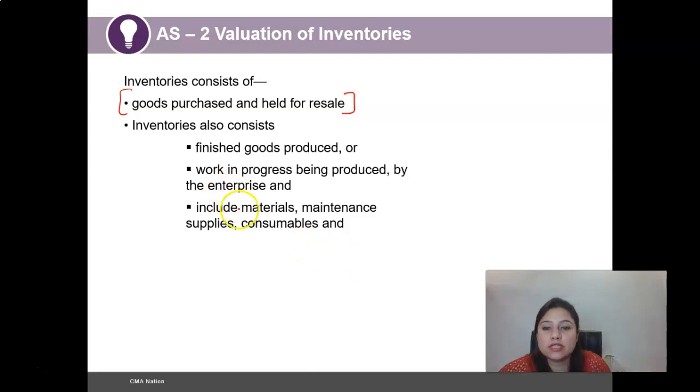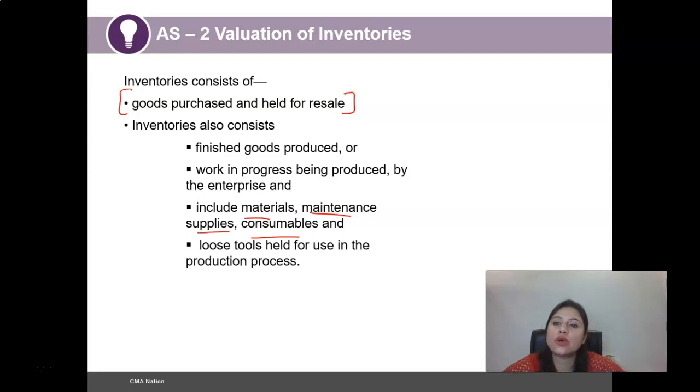And also the materials, maintenance supplies or consumables that have been procured by the business in order to manufacture or complete those finished goods of the business. All such materials, maintenance supplies, consumables would also be comprised in the inventories and accordingly valued as per Accounting Standard 2. Loose tools that have been held for use in the production.